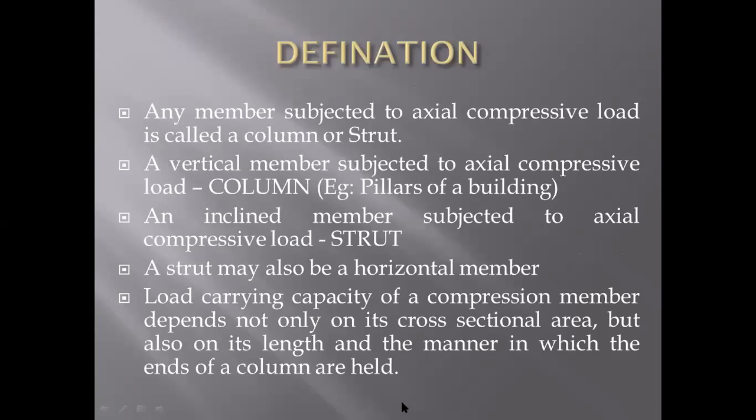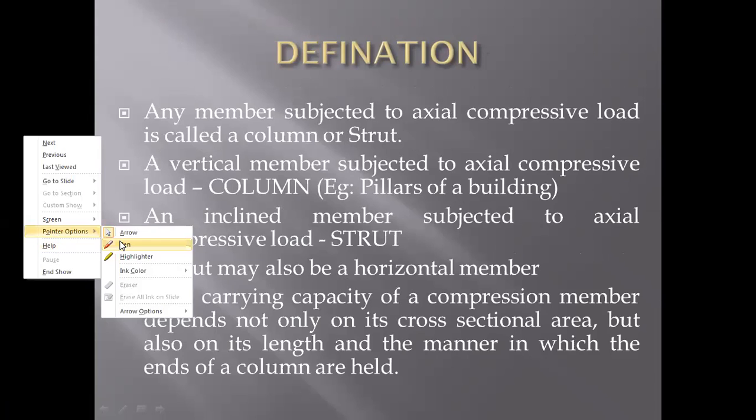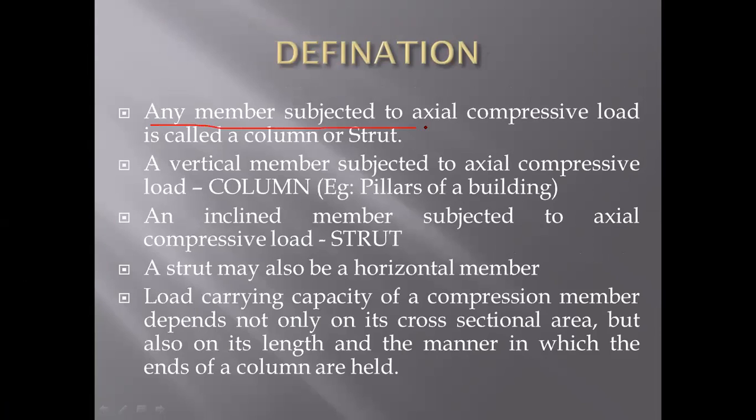Now, any member subjected to axial compressive load is called a column or strut. A vertical member subjected to axial compressive load is called a column. If the member is vertical and it is subjected to axial compressive load, then we'll call it a column.